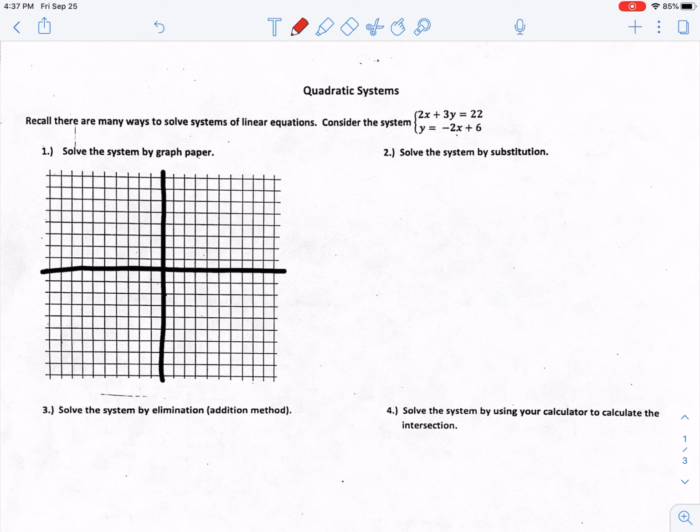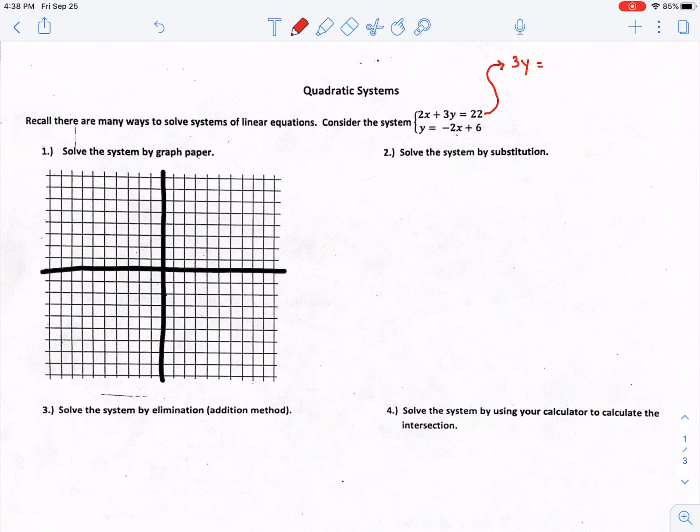So before we move on to quadratic systems, I'd like to do a review problem and remind you how to solve a linear system. The first option here is to solve with graph paper. A lot of times you'll take that first equation and you basically have two options. You can get it into slope-intercept form by solving for y.